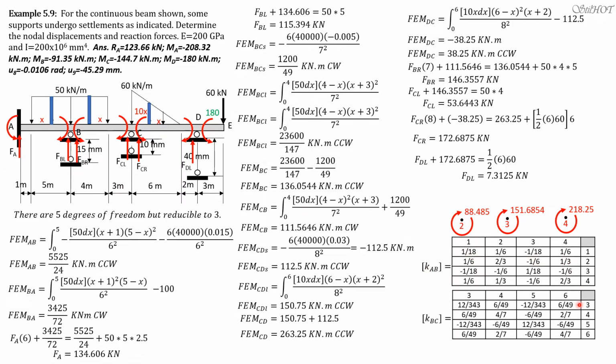So we copy the stiffness for a span of 6. Then the second one is 12 over 7 cube. We also experienced that. So 12 divided by 343, we already have that value. KCD, the span is 8. We already have that.